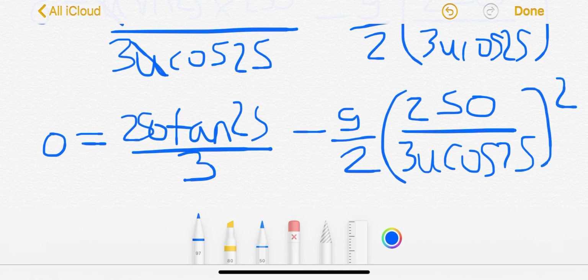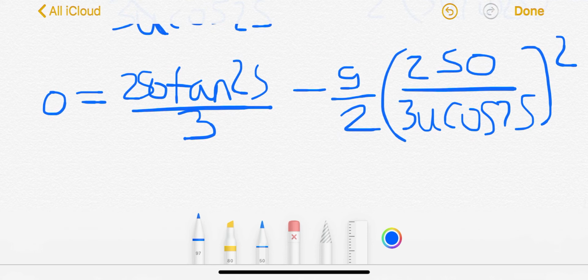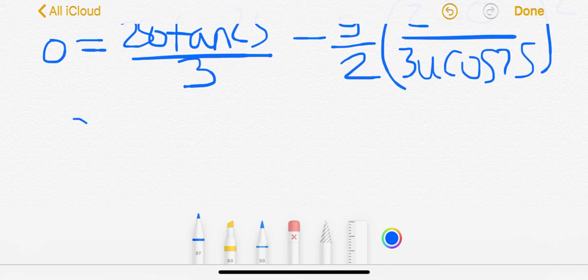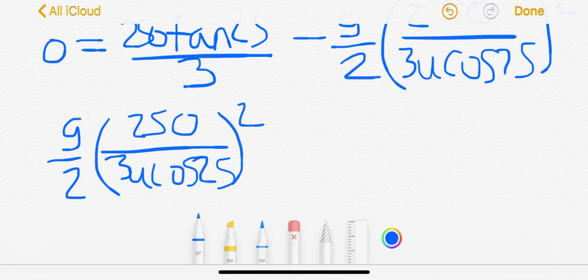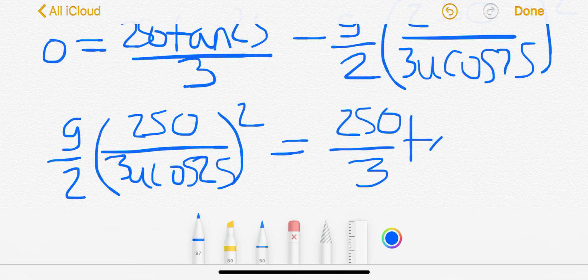Now all we need to do is rearrange this equation for u. Adding the g over 2, 250 over 3u cos 25 squared term to both sides, we get g over 2, 250 over 3u cos 25 squared equals 250 over 3 tan 25.